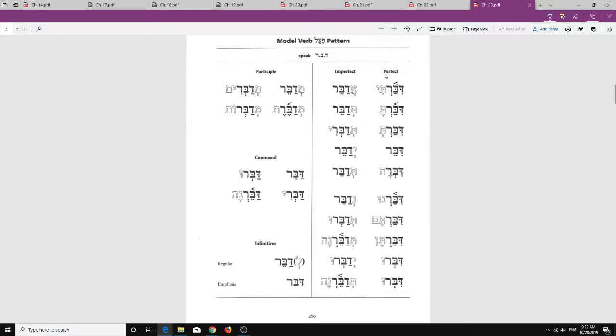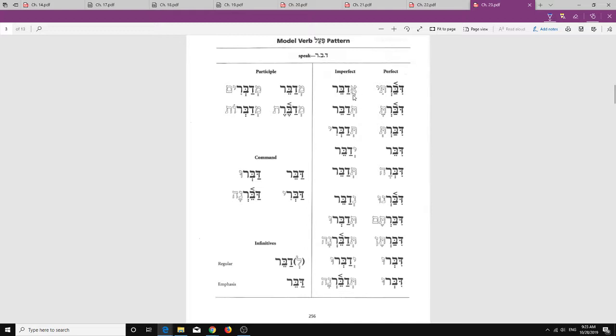You don't have to learn more things to distinguish the perfect from the imperfect. You already know these endings, these prefixes right here. Now, there are some differences as we move over into these columns, though. You can see that the participle, notice there's only an active participle, no passive participle, is prefixed with a mem and a shva. So actually, this will make it super easy to identify a participle in the Piel.